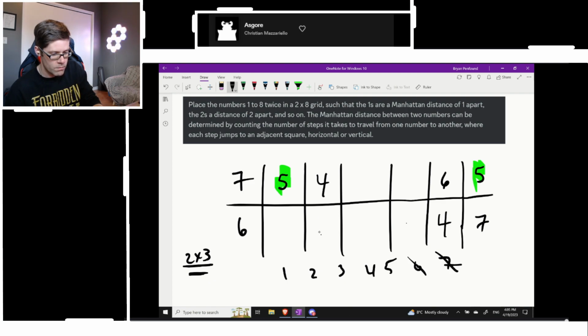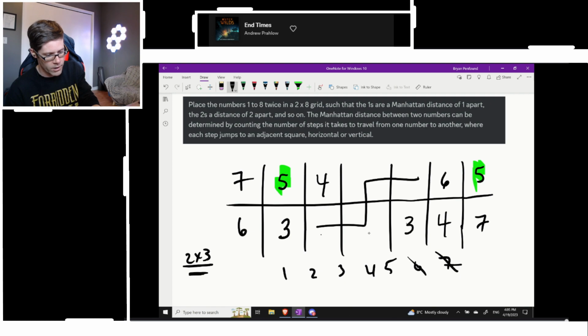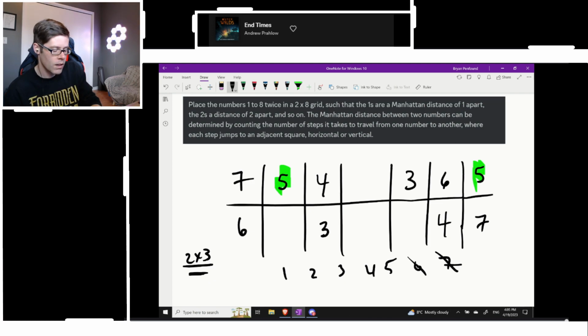Because I have to put the 3 in one of these outside spots. Like, if I put it here, then I could have the 3 here, but that gives me one of the shapes that I don't want. I could put it here, but that gives me a shape that I don't want. Can I put the 3 here? 1, 2, 3. So we could do something like that.